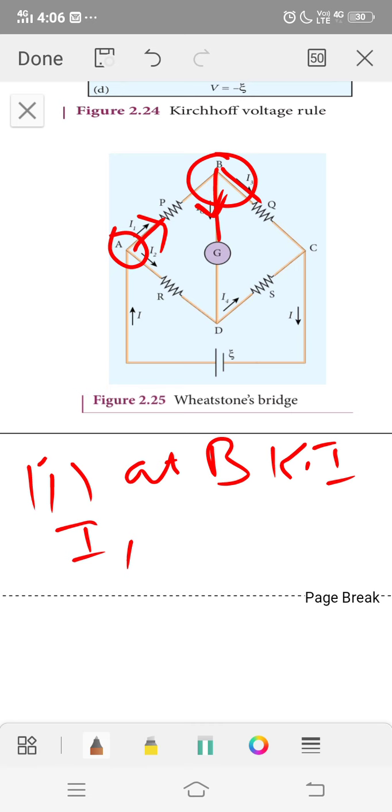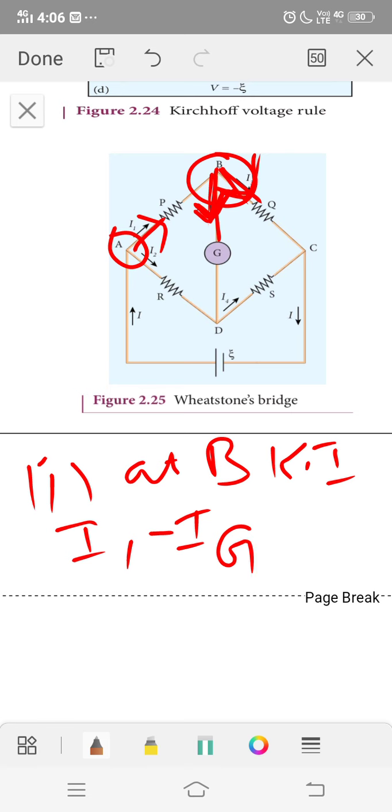Here at point B the current is leaving, and I2 is also leaving. At a junction, the current leaving is represented by negative, and the current entering is represented by plus. The current leaving junction B and moving toward the galvanometer, Ig, is represented by minus Ig.